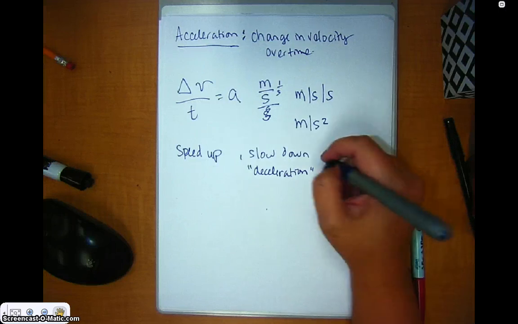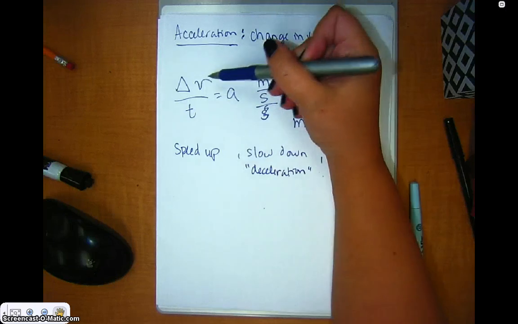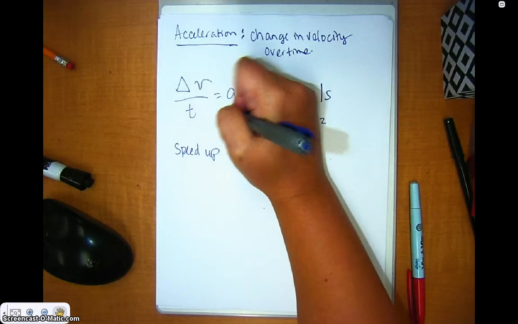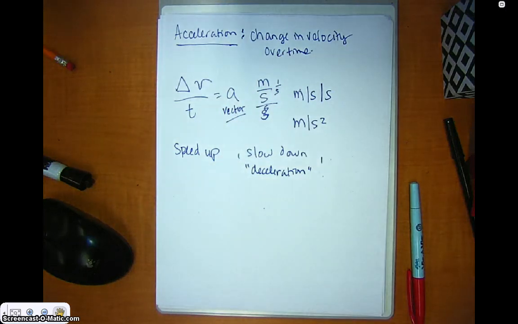Now there's a third way in which you can change the velocity as well. And it's important for this one to remember that velocity is a vector, which makes acceleration a vector as well, meaning that it has a direction. So you can change your velocity simply by changing your direction.